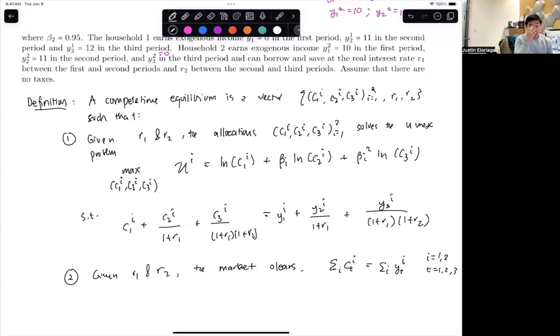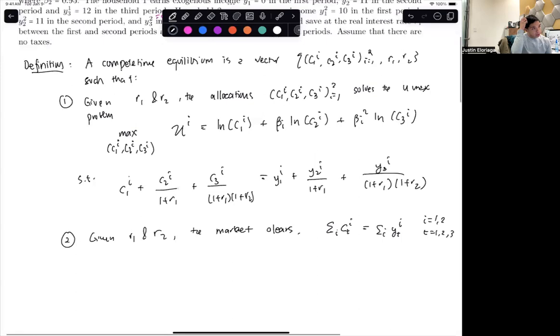So we have the two conditions that define our equilibrium. It must be that the consumption allocations maximize utility subject to the constraint, and that the market will clear. So that's our standard conditions.